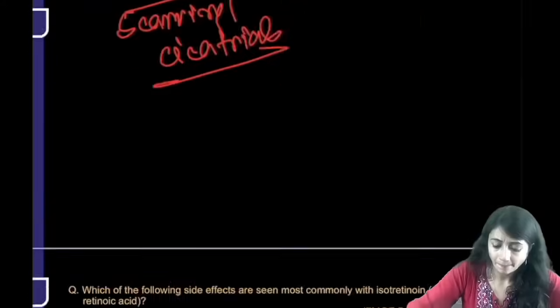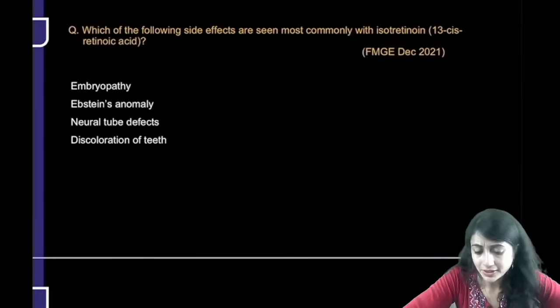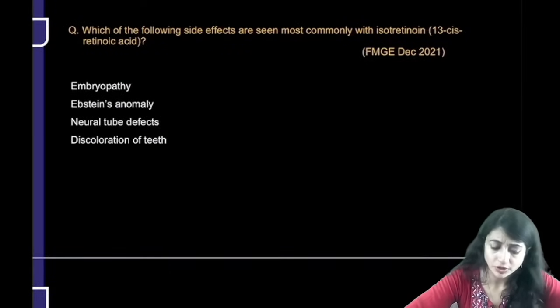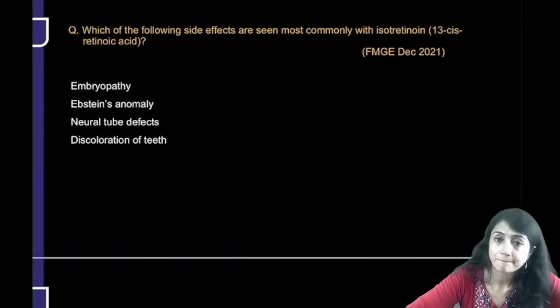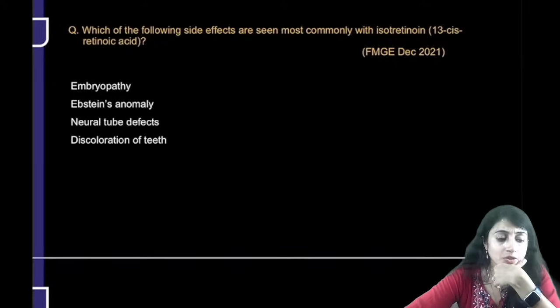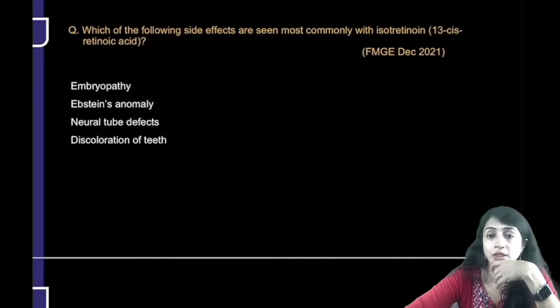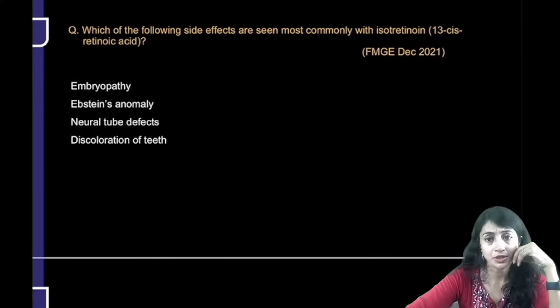Right? Moving on. Which of the following side effects are seen most commonly with isotretinoin? We all know that isotretinoin is teratogenic and so should not be given to a patient who is planning to conceive.